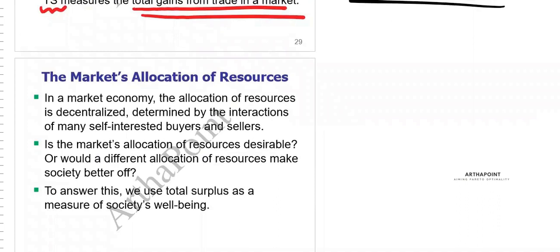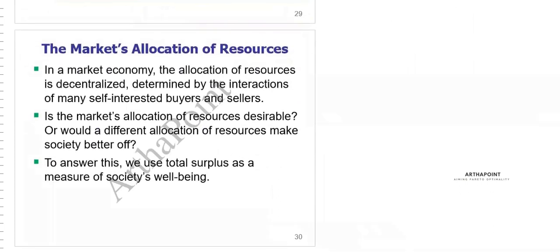Now, these are the following questions we intend to ask. First of all, we always say, let the market act by itself and the market will do what is in the best interest of the buyers and sellers.